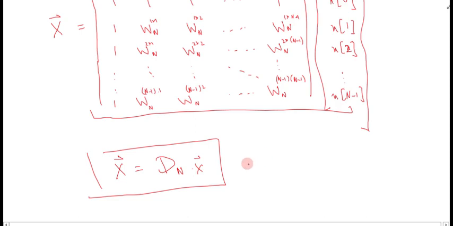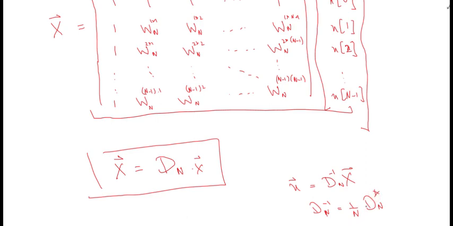So if you want to calculate the inverse discrete Fourier transform, you can prove that it is equal to dn inverse x, where this dn inverse is equal to 1 over n dn conjugate.